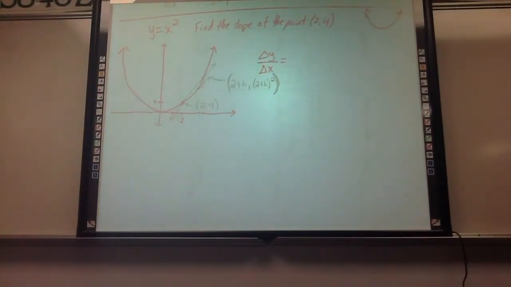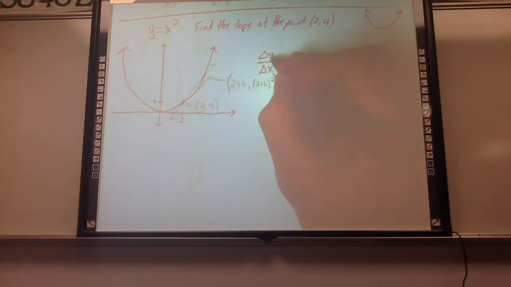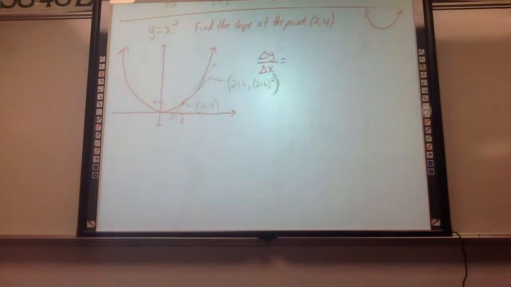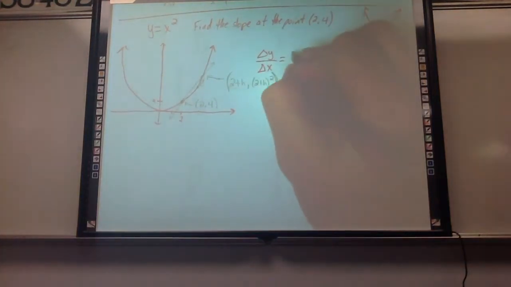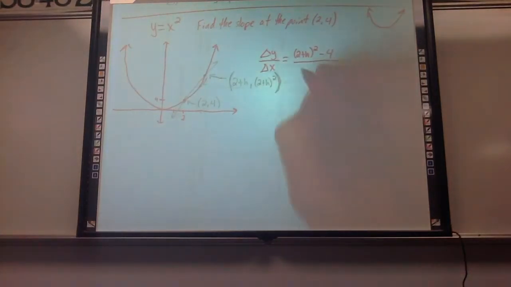So now, let's do our slope. Change in y over change in x. So change in y is just the difference between the y's, right? So I have 2 plus h squared minus 4, over 2 plus h minus 2.